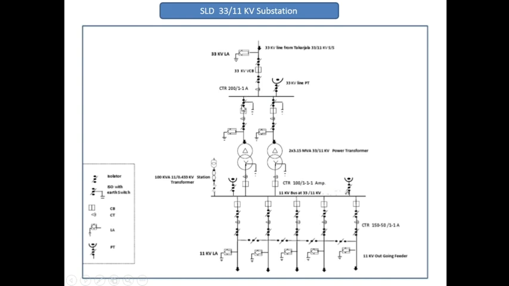This is the isolator with earth switch, breaker, CT, isolator, and this is the lightning arrester which is earthed.